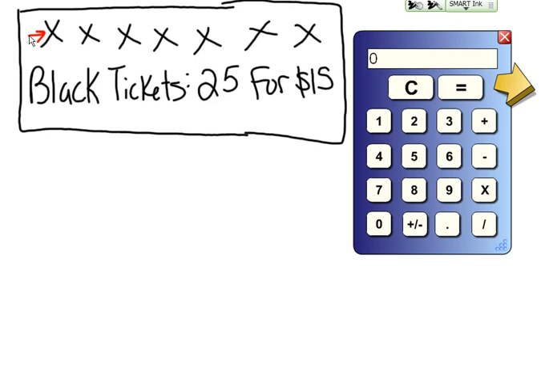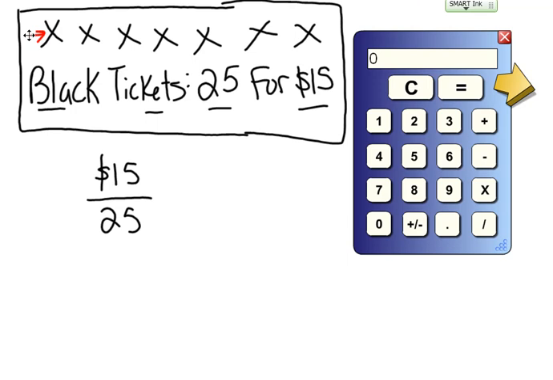The way I would set that up is I would take the price of the ticket and divide it by the number of tickets that you get. In this example, for black tickets, there are 25 tickets and the cost is $15. To find the unit price, we take the cost and divide it by the number.